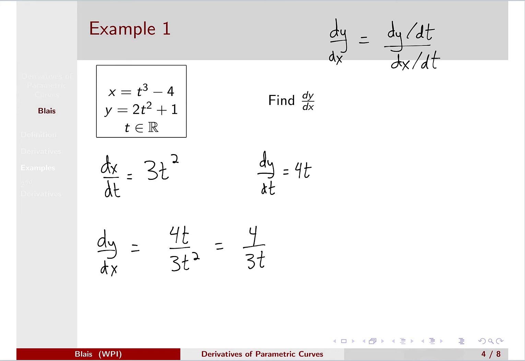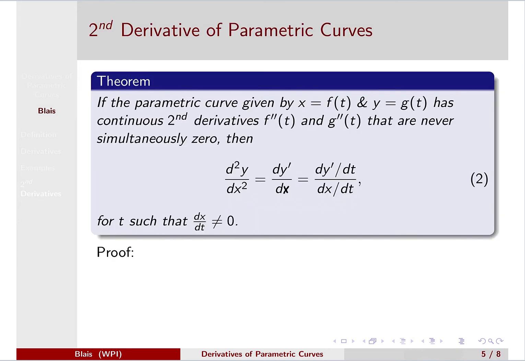And the idea now is the derivative of y with respect to x can be calculated in its own parametric way here, because it depends on the parameter t. So at any given time, you can plug that in here and you get the derivative of the curve.